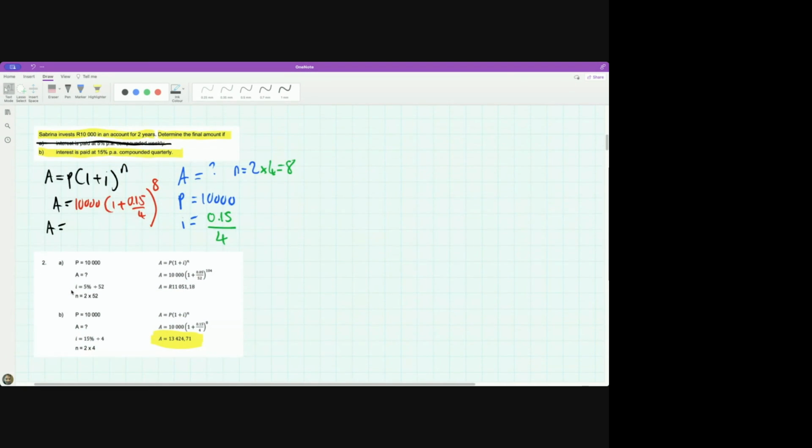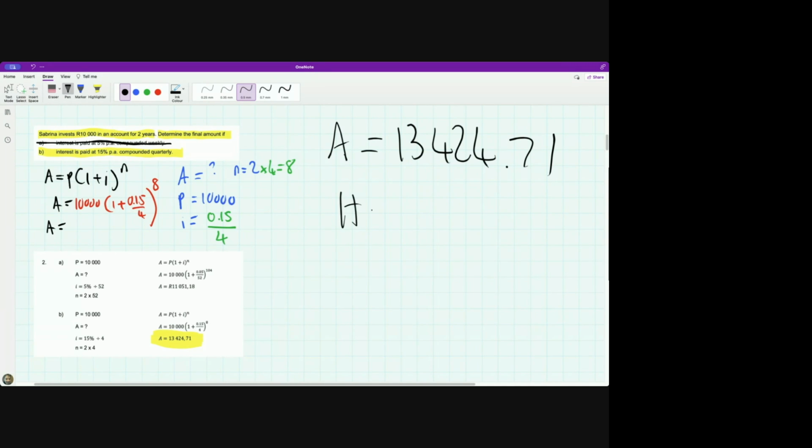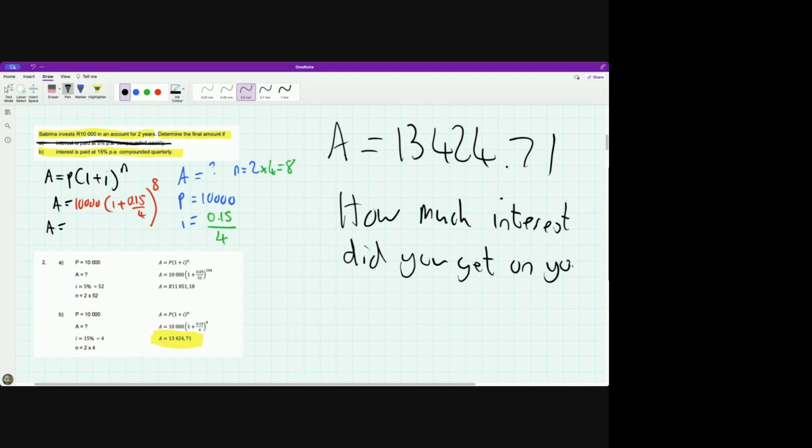Before I move on to that, I want to ask you, if you ended up with an A value, in the end, of 13,424.71, I want to know how much interest did you get on your money?